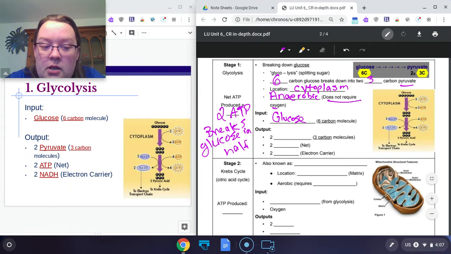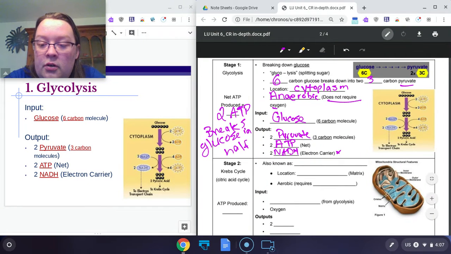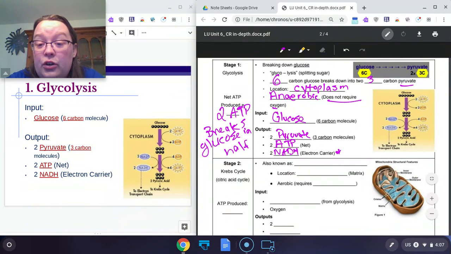And this process is going to make 2 pyruvates. Remember, a pyruvate is half of a glucose. Since we broke it in half, we have 2 halves. 2 ATP. And this is also going to make 2 electron carriers. Remember, these are going to be important for making energy later. So that was glycolysis.